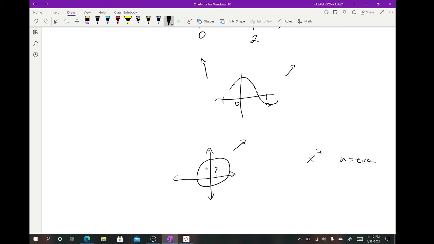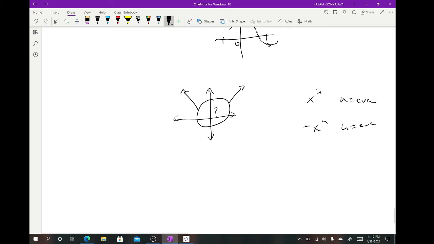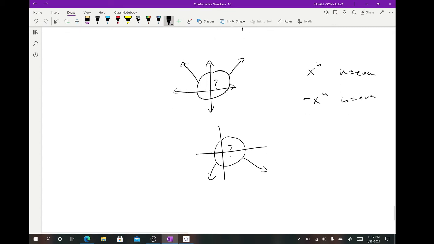This is not a circle. We don't know what's going on the inside, but we know the endpoints on our graph are going up. If we have minus x to the n, but again n is even, then we have no idea what's going on the inside piece when you get closer, but when you zoom out, we know this is definitely going down in both directions.